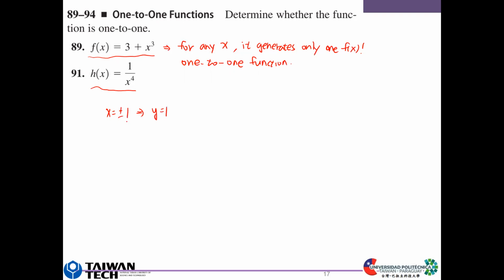So you have two inputs, but one output. So this is a function, yes, but it's not one-to-one. You have multiple inputs, but only generate one output. So it is not a one-to-one function.